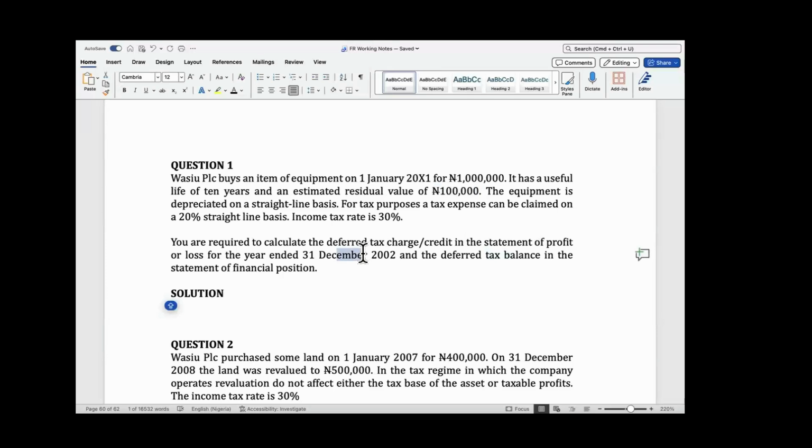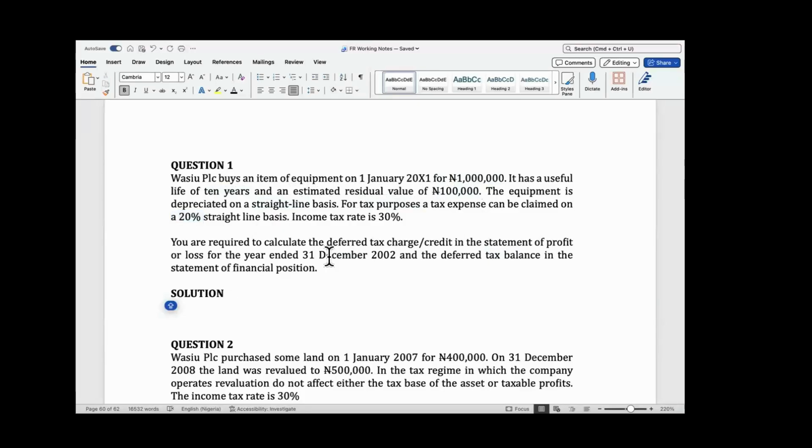So what's happening here? We bought an asset in 2001. The useful life is 10 years. The residual value is 100,000. They depreciate it on a straight line basis. For tax purposes, capital allowance or tax depreciation is okay.